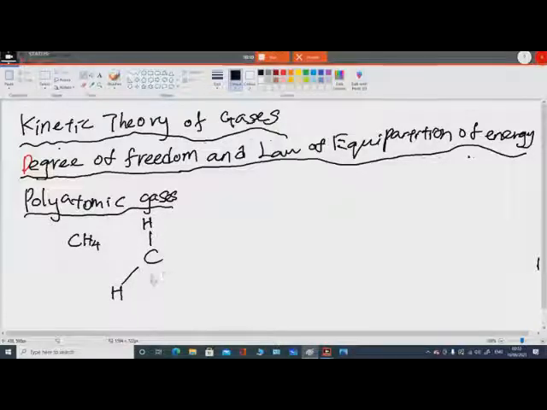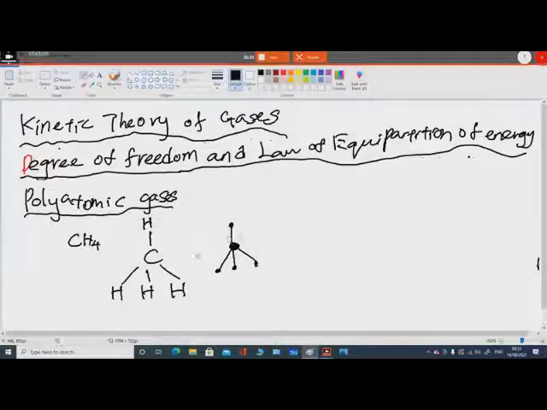As we simplify it, drawing in a simplified structure, what we get is this kind of structure. Yes, this is the methane.